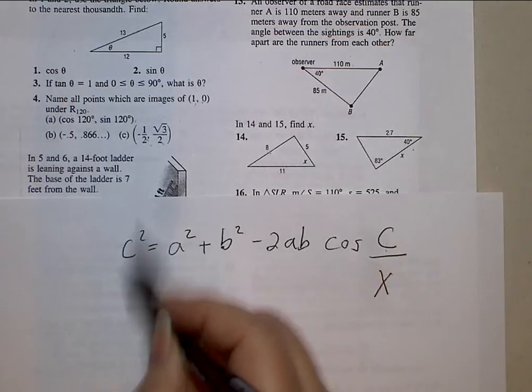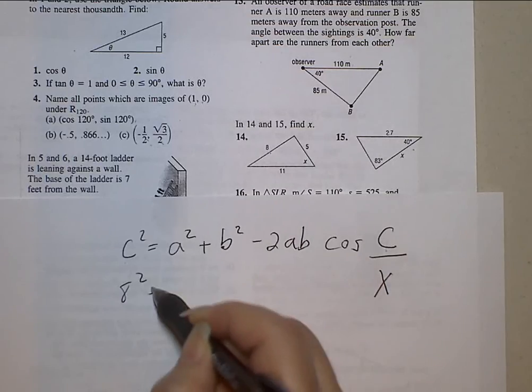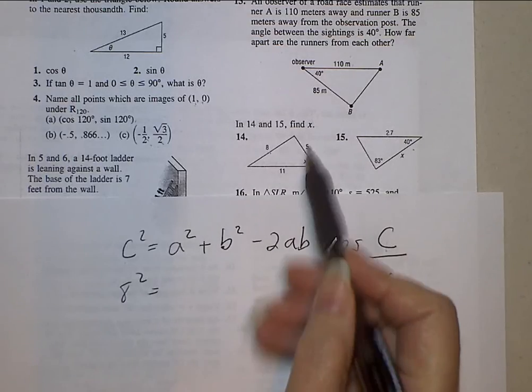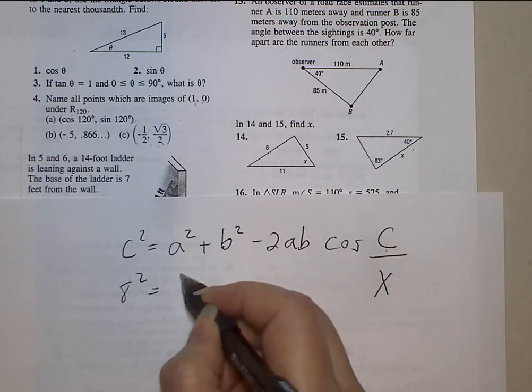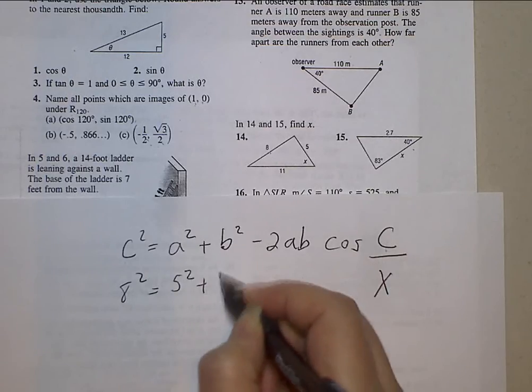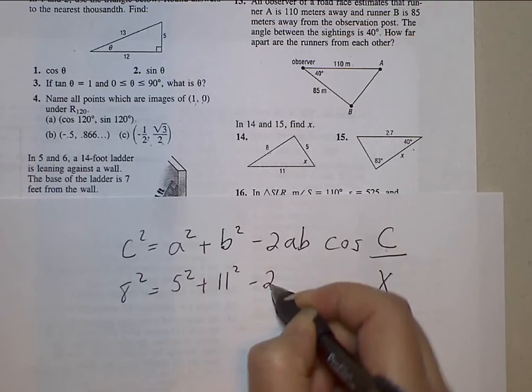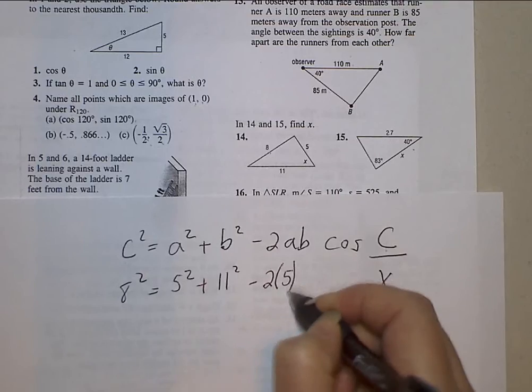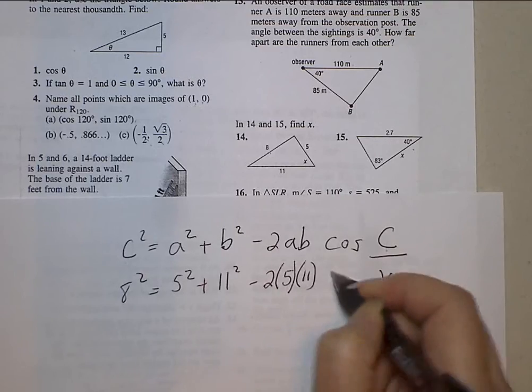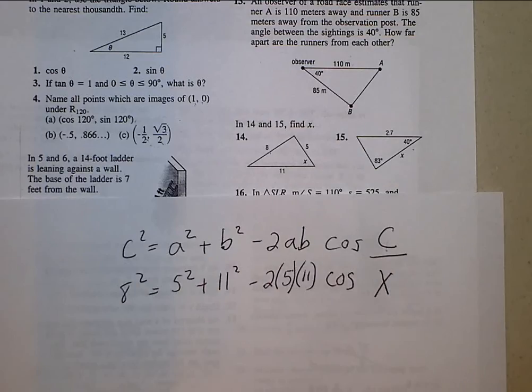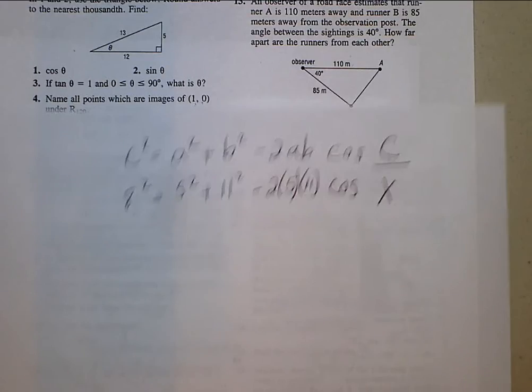So I have 8 squared is equal to 5 and 11 are my a and b. So 5 squared plus 11 squared minus 2 times 5 times 11 cos of x. Alright, I'm going to move it up so you can see it.